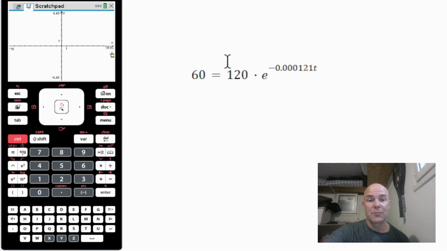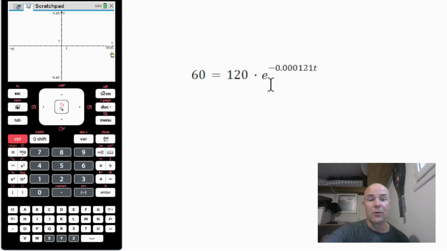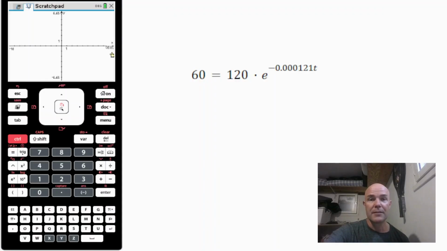And then we have an exponential function. Graphically, this equation means we are looking for the x value of the intersection point between those two functions. And this is how we do it.